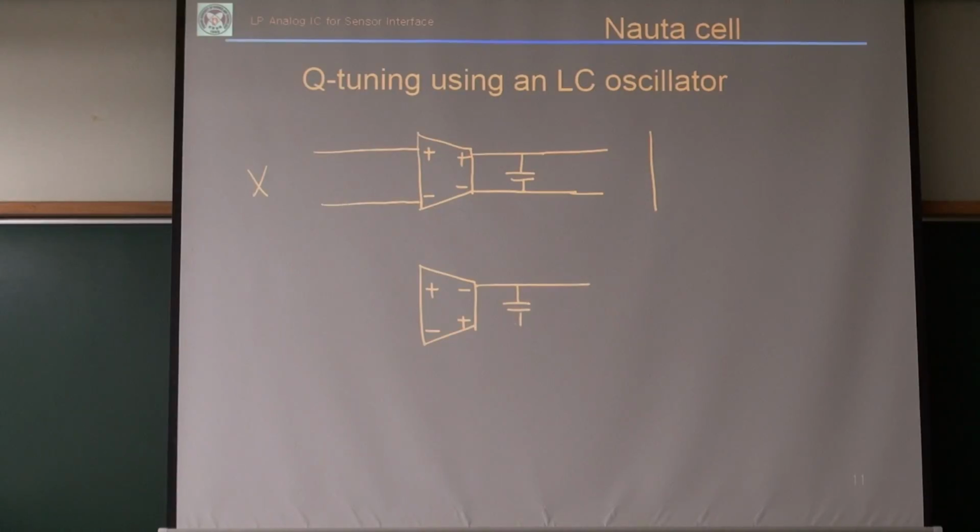And then this is my input, and here I'm crossing this to generate, actually, a non-inverting version. Plus, minus, minus, plus. Okay.